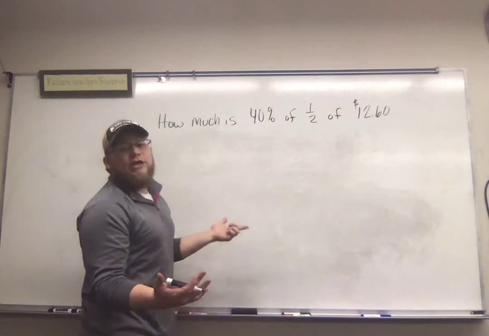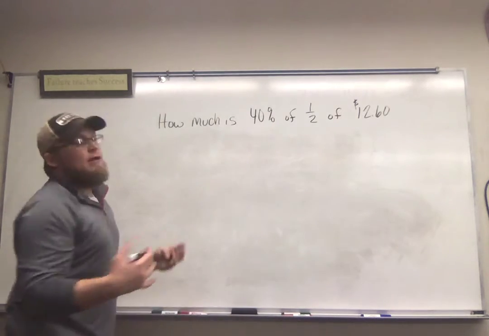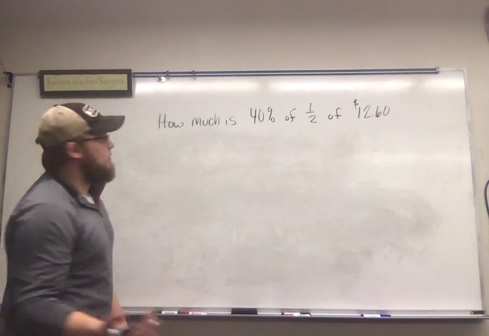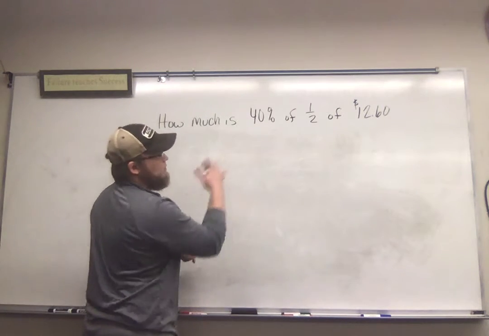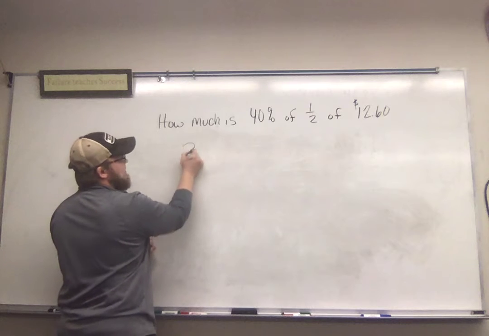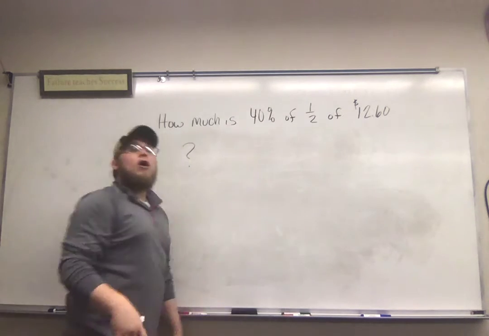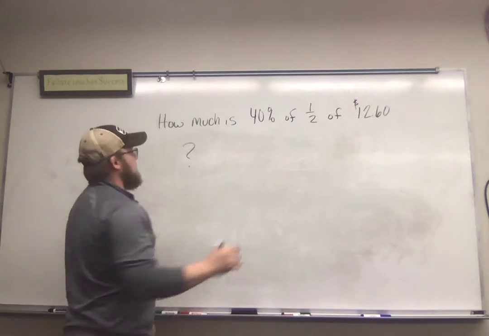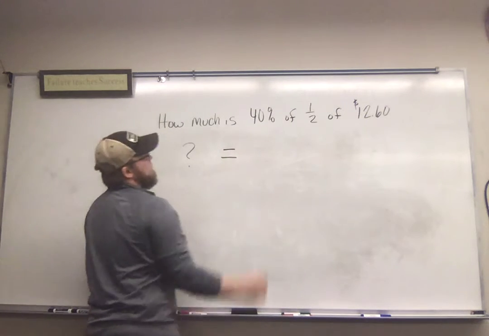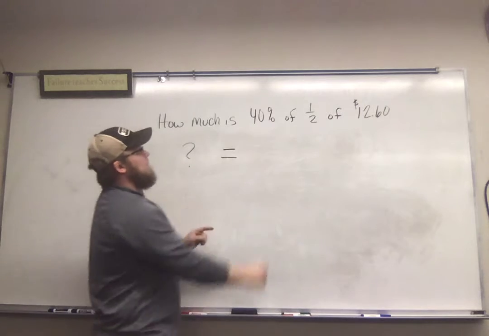How much we don't know. So I'm going to write this now how it should look a little bit nicer, a little bit more appropriate so it doesn't look so confusing. How much? That's the question mark. We don't know. Is, remember, is always means equals. So equals. We're looking for the answer. 40%.